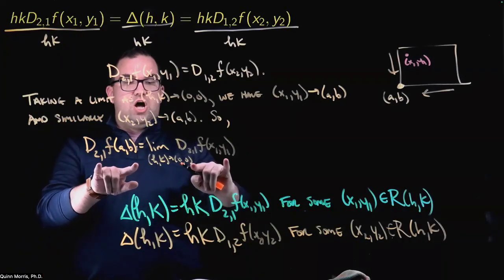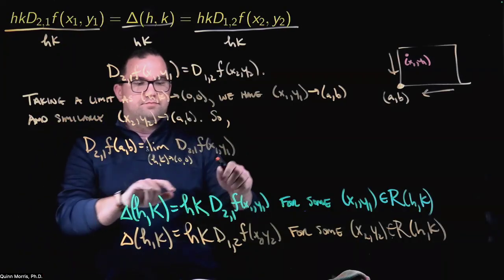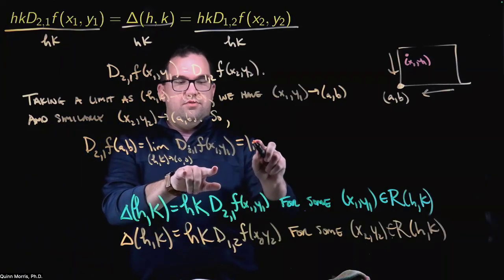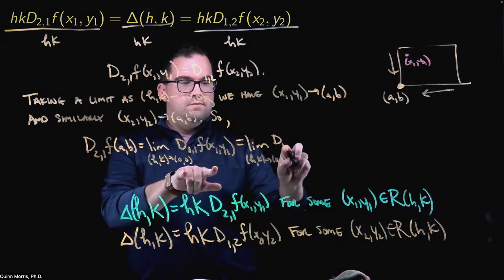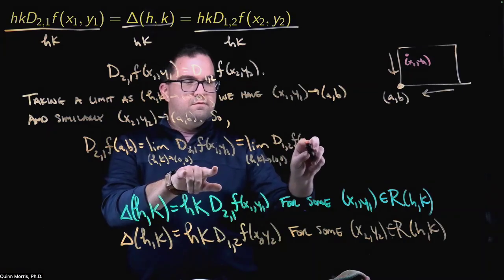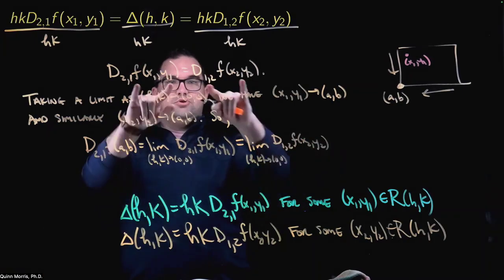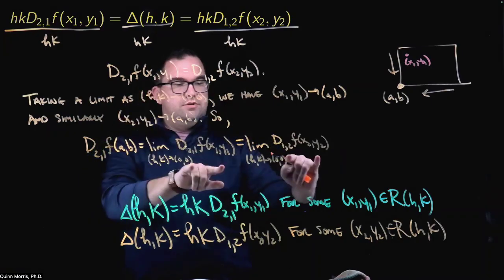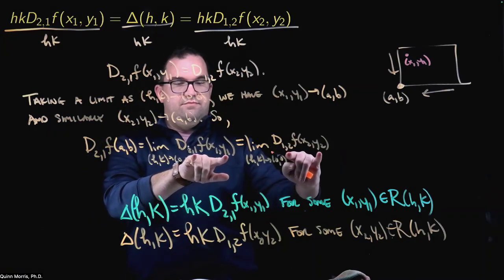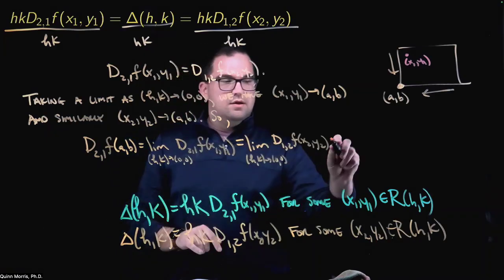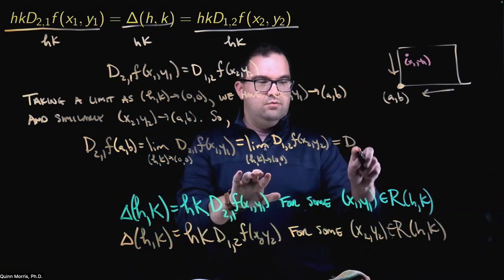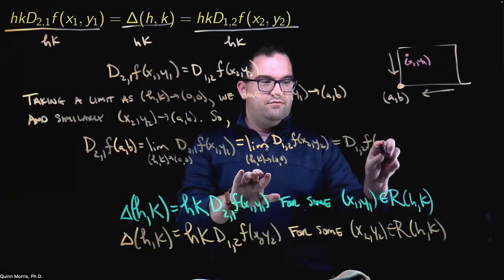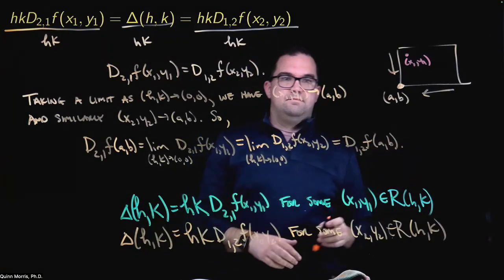So this is using the continuity of D21. This is using this equality we've already established. I'm just taking the limit of the same thing. These are the same thing. And by the continuity of D12, this is just equal to D12 f of A, B.